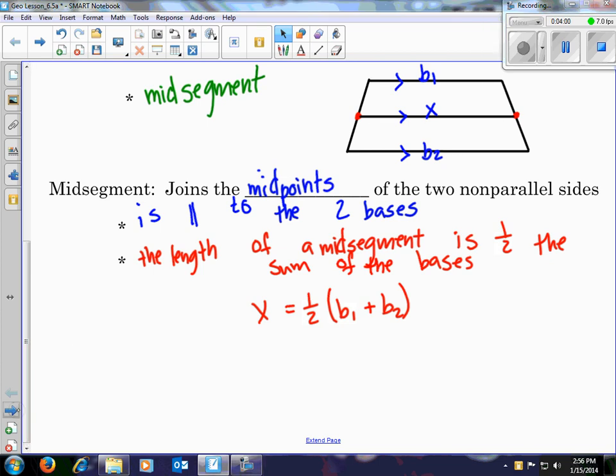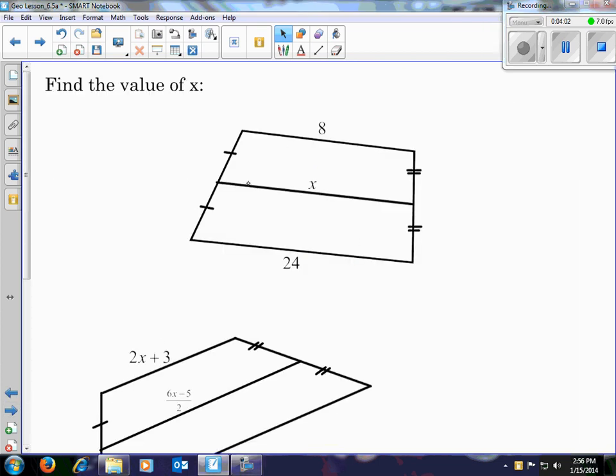Okay, now moving on to some examples. Our first example is this trapezoid here. So we know that this is our midsegment because if this line is congruent to this line, then this point here has to be my midpoint, and same goes for this side. So to find x, my formula again is x equals 1/2 base 1 plus base 2.